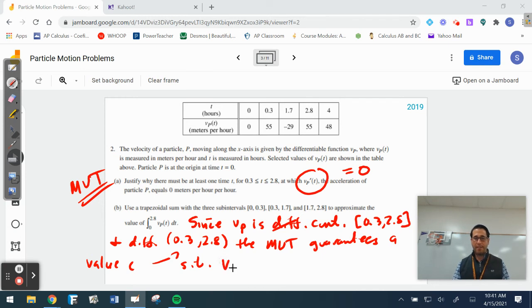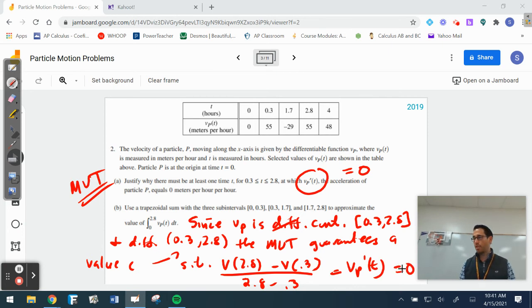That the velocity at 2.8 minus the velocity at 0.3 all over 2.8 minus 0.3 has to be equal to the derivative, right? And what are they asking us to do here? That the derivative is equal to 0. So if you set all of that stuff up right there, you are 100% good to go.